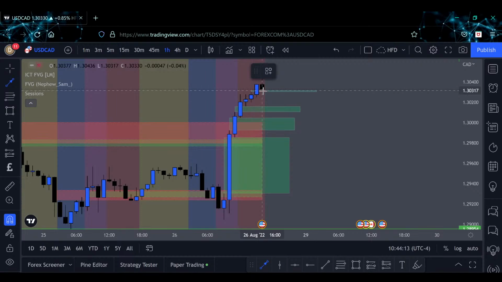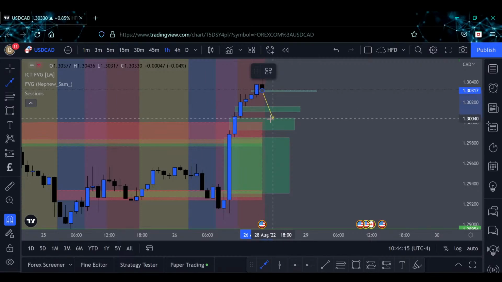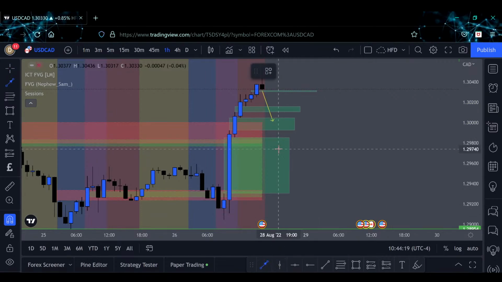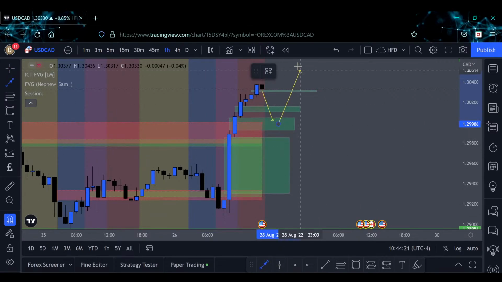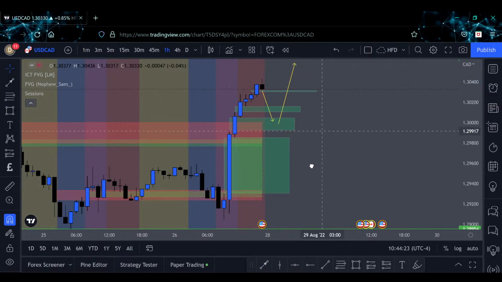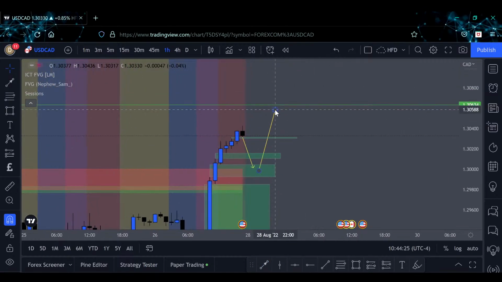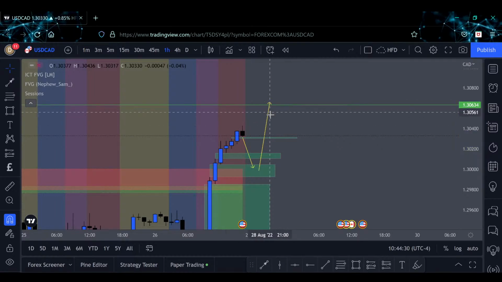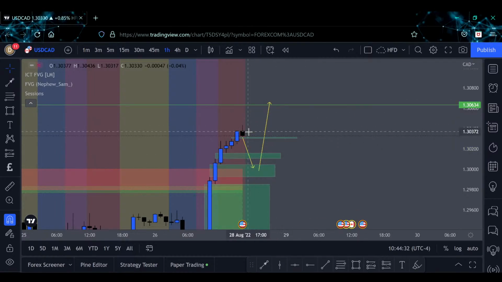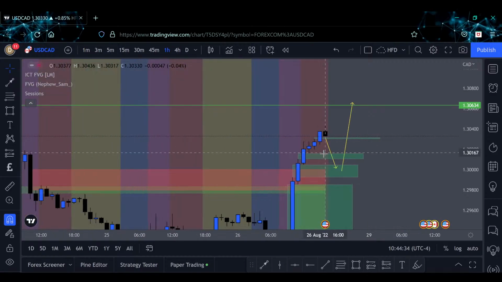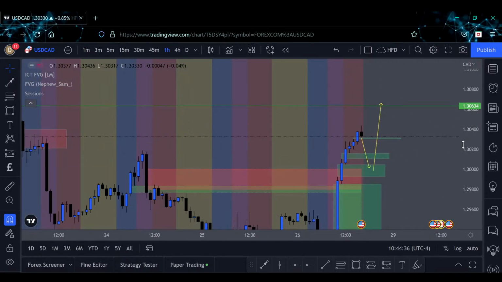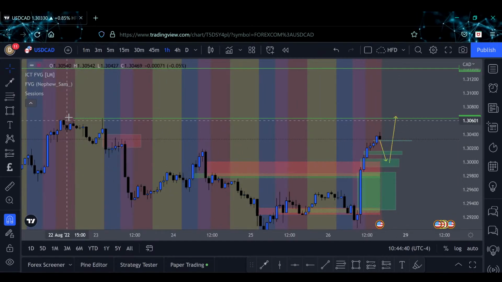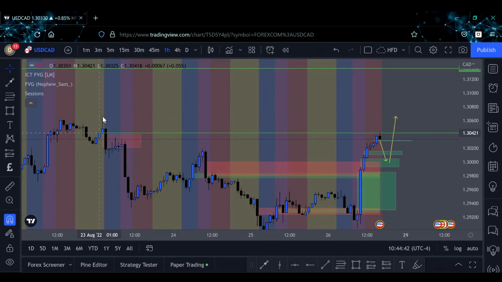So we'd be looking possibly here before it moves up to clear this, unless it's going to remain quite bullish.